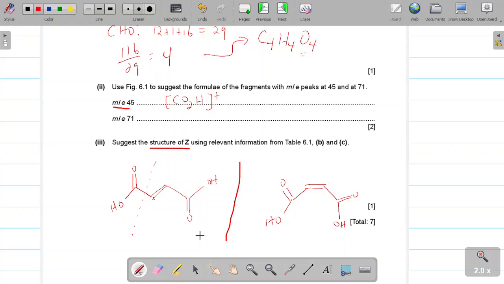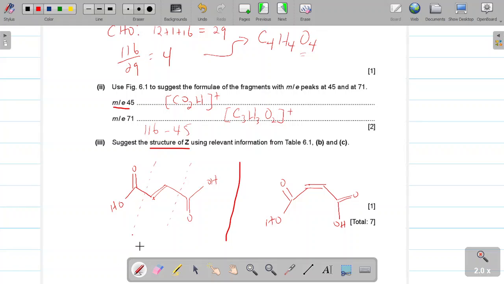And then at 71, what we do is we fragment at this piece, because 71 is really 116 minus 45, which means we are losing the carboxylic group from the other end. And this fragment will therefore be C3H3O2 plus. So that is one way to riddle out this question.